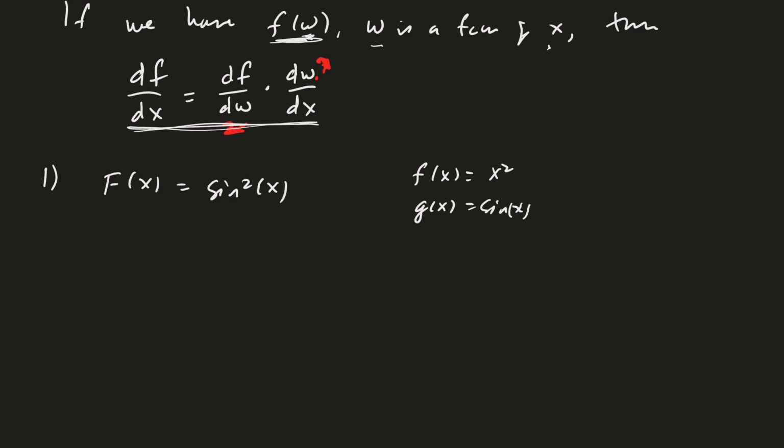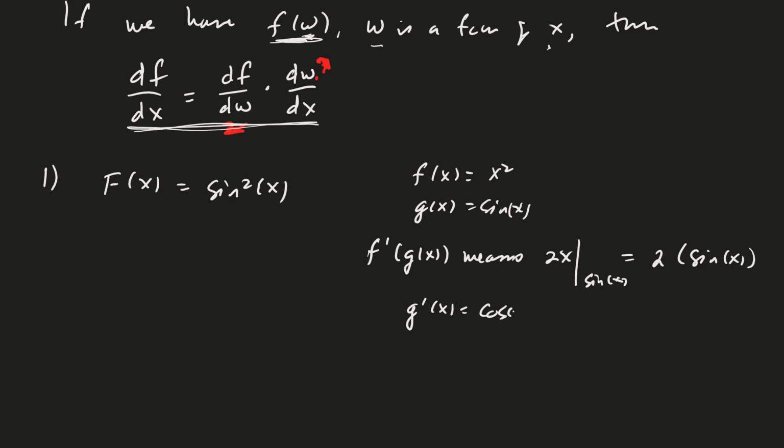The notation f prime at g of x means that we take 2x, that's the derivative, and evaluate it at sine of x, which is 2 times the sine of x. Then the chain rule says to multiply that by g prime of x, which is cosine of x. So f prime of x is equal to 2 sine of x cosine of x.